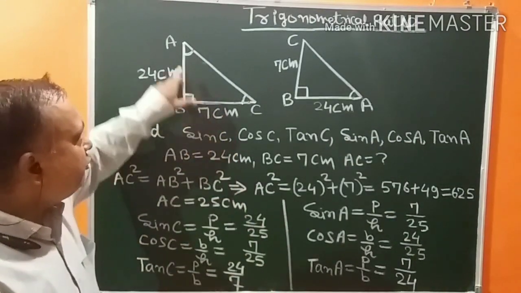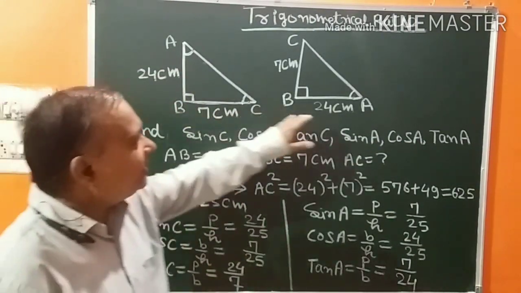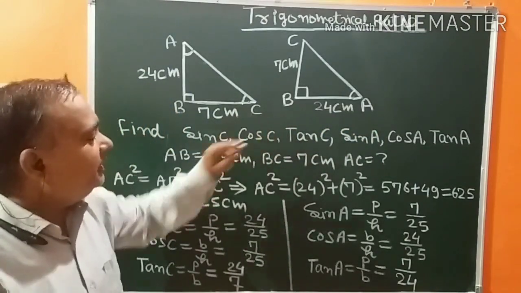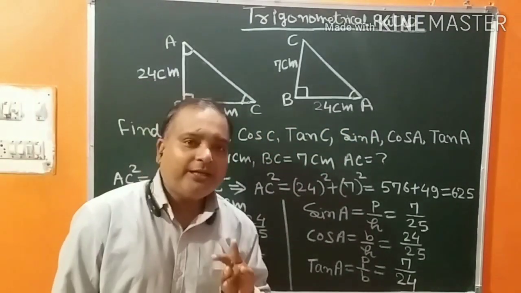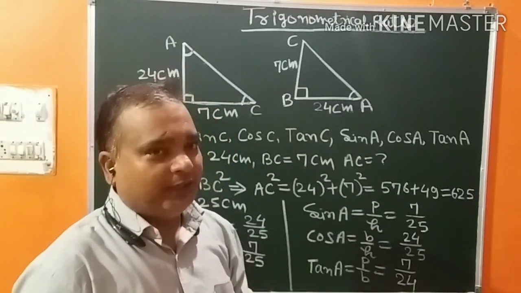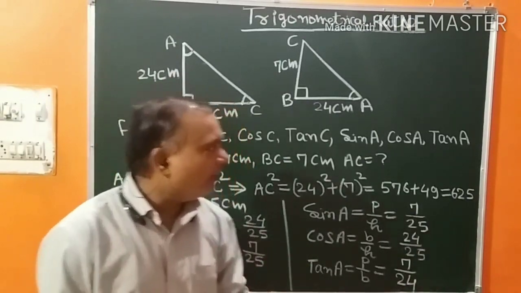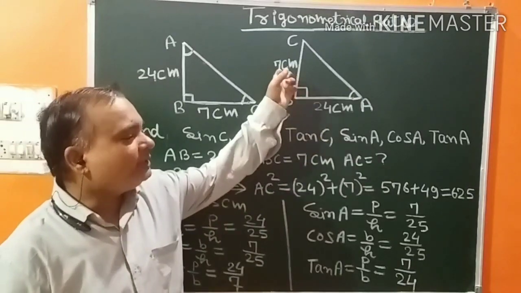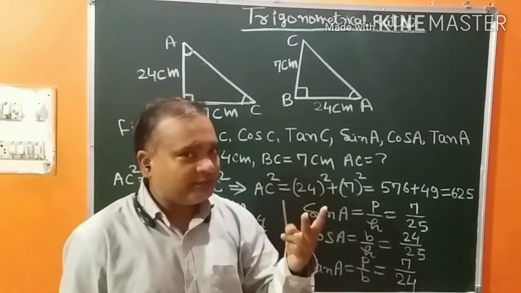So this diagram was given in your question, and this diagram I have made. Look, I told you that if I interchange the position of complementary angle in a right angle triangle, then the position of base and perpendicular will be interchanged.